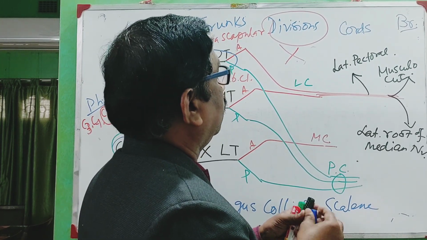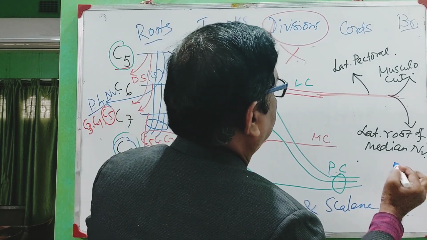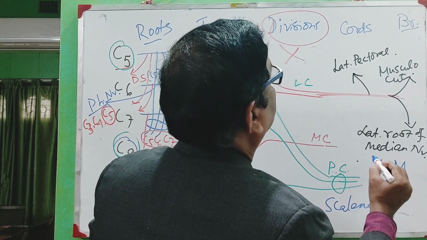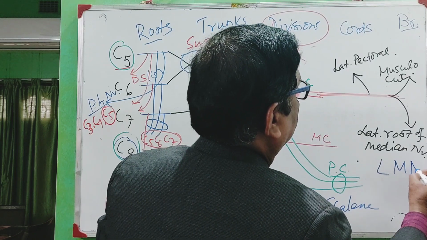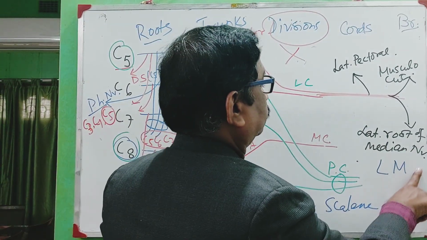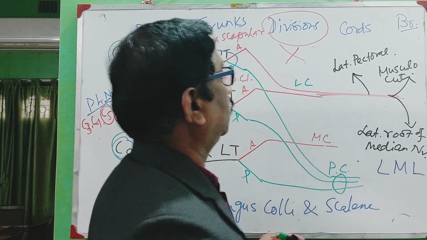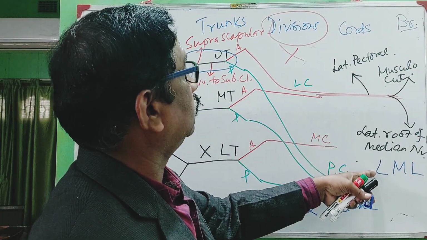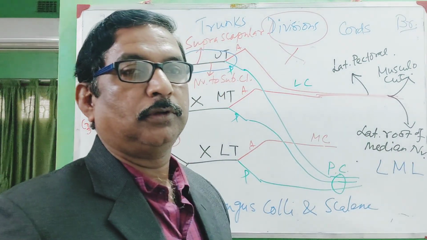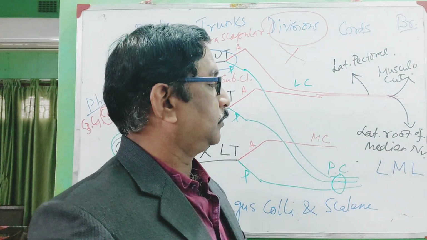The lateral, then musculocutaneous, then lateral root of median nerve. Sorry, like this: lateral pectoral, musculocutaneous, and lateral root of median nerve.